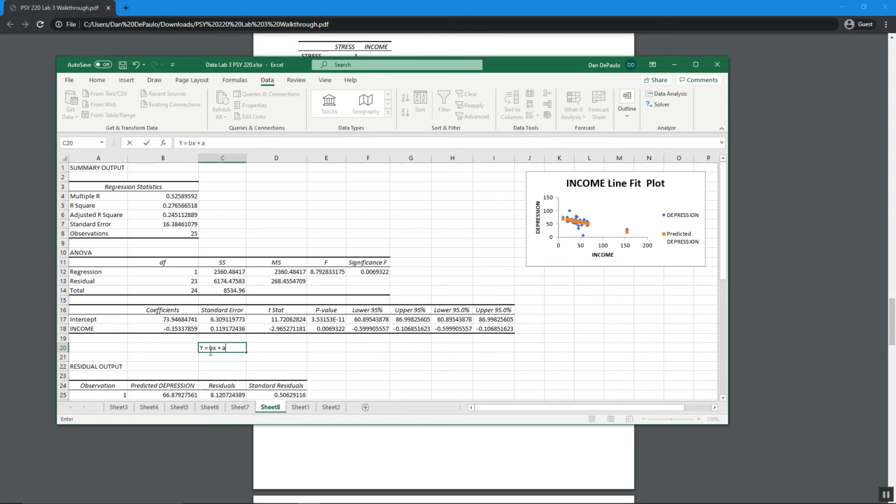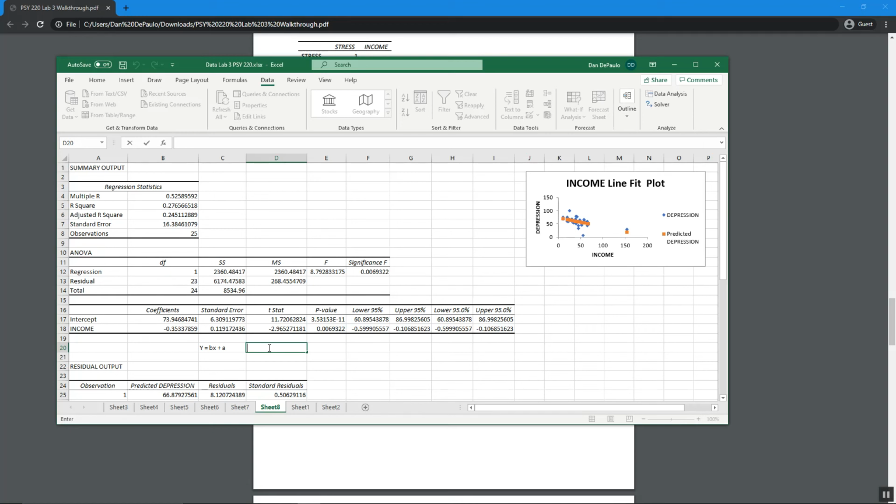That's the formula for the line. You used to learn in algebra mx plus b. It's the same thing, we just changed the characters. In statistics, we call b the slope and a the y-intercept. So b is the slope, a is the y-intercept, y hat or y prime, whatever symbol you want to use. I think the book uses y hat, is the predicted value of y.